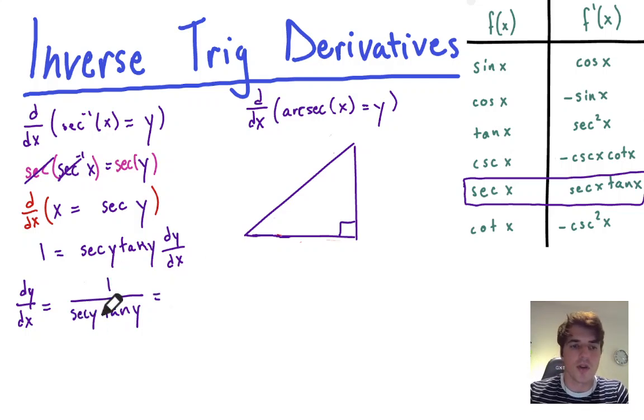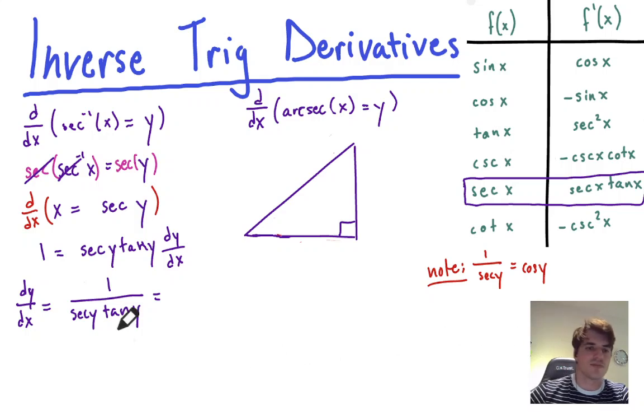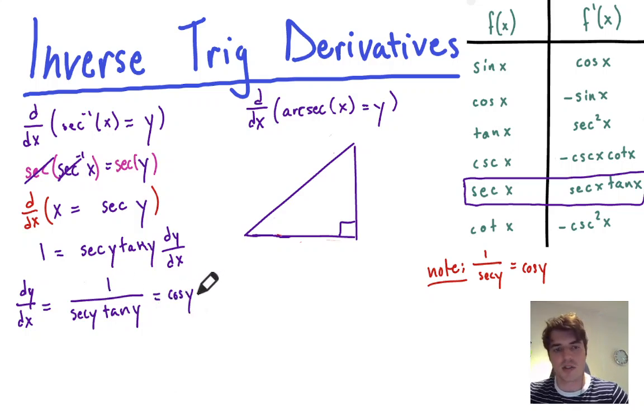I can make a note here: 1 over secant of y is equal to cosine of y. Okay, so 1 over secant of y is cosine of y. 1 over tangent of y is cotangent of y.